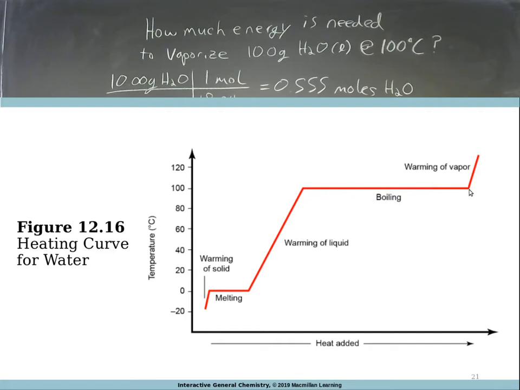Eventually it will be all water vapor, no more liquid water left, and then the heat that we add from then on will increase the temperature of the water vapor. And I think this is actually a little bit surprising when you first look at it, but really we understand this really well, especially in terms of the liquid to vapor phase.